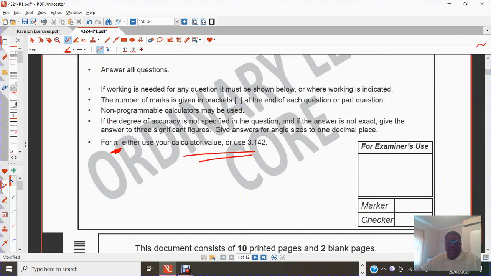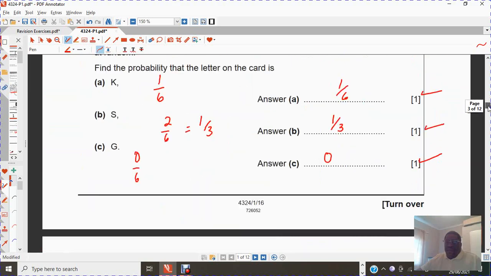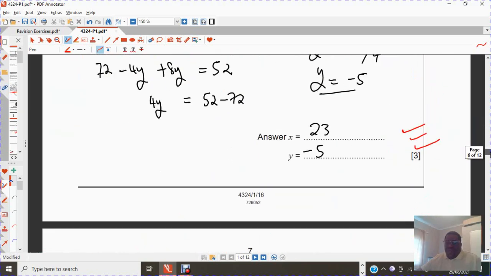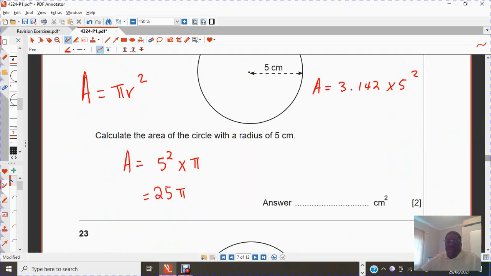If the degree of accuracy is not specified in the question, and the answer is not exact, because you are multiplying by an irrational number, so your answer won't be exact if you use pi on the calculator, give your answers to 3 significant figures. Very important that you follow that instruction.